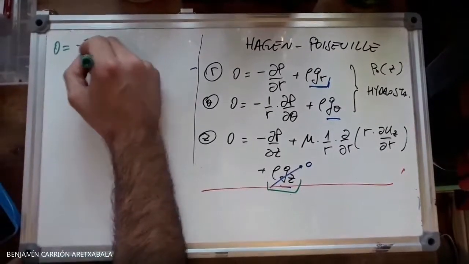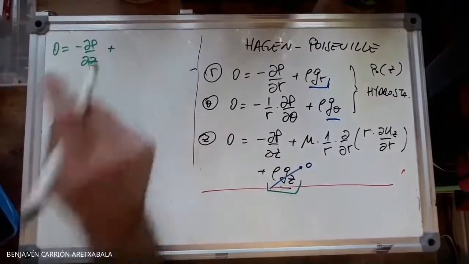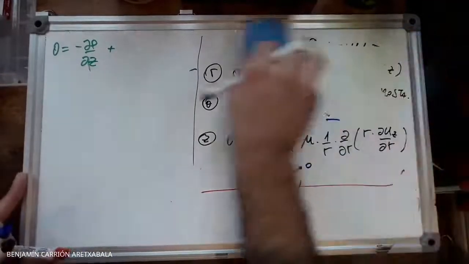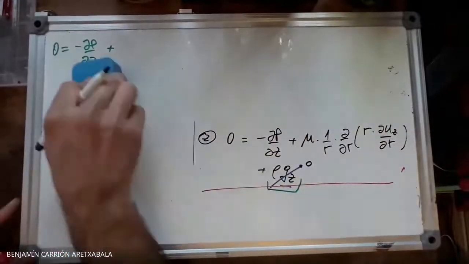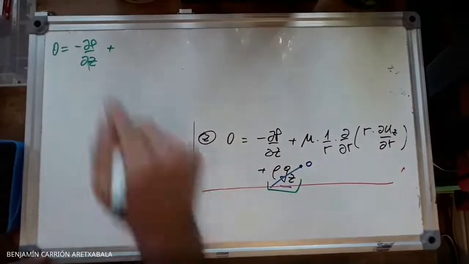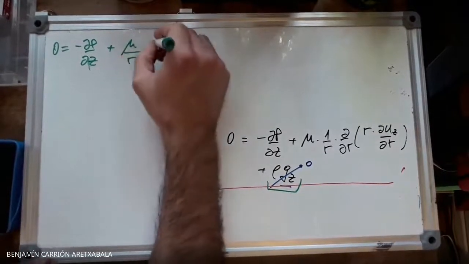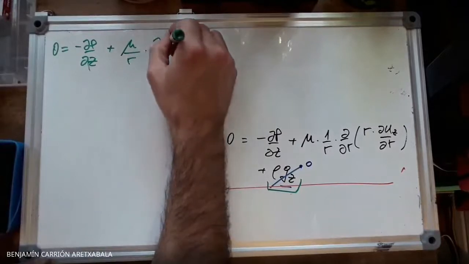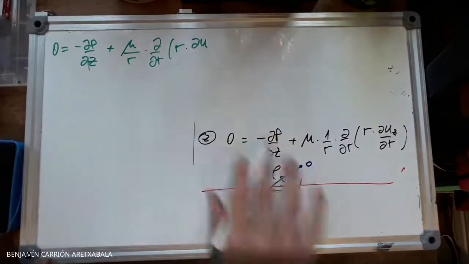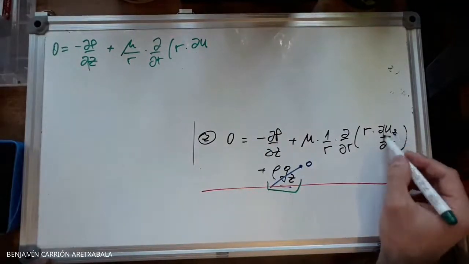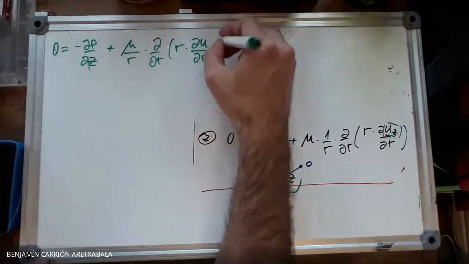So the derivative of pressure with respect to z plus, I'm just going to delete this. So this is 0, so I'm going to write mu over r, derivative with respect to r of r, the derivative of u. It's u z actually, but I'm going to use just u because that's the only value. So I don't have that many lines.